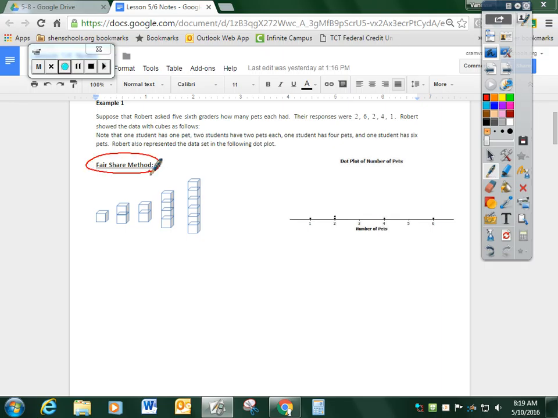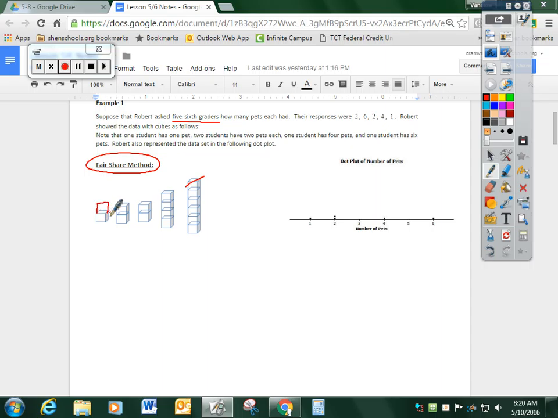Fair share is evenly sharing everything amongst all of the people that you have or all of the things you have. Okay, so we have 5 6th graders, and I want to share all of these cubes to make sure that each person has a fair share of them. So what you do is you take 1 cube from the highest tower and you move it to the lowest tower.